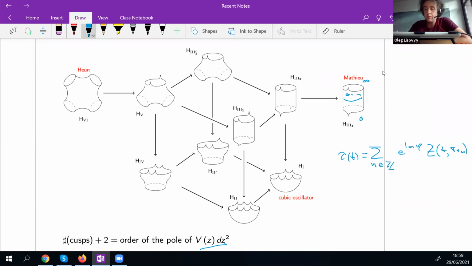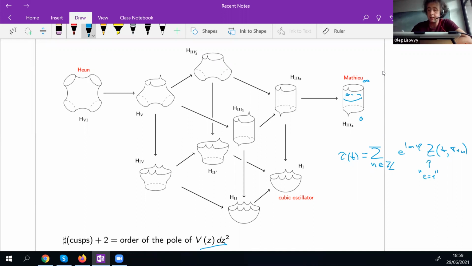However, we don't have a nice algebraic or geometric definition of the function Z. This would be a c equal to 1 conformal block, or maybe a topological recursion partition function.